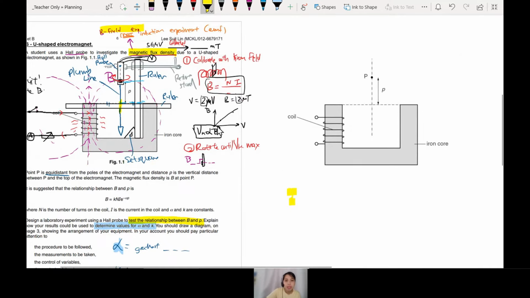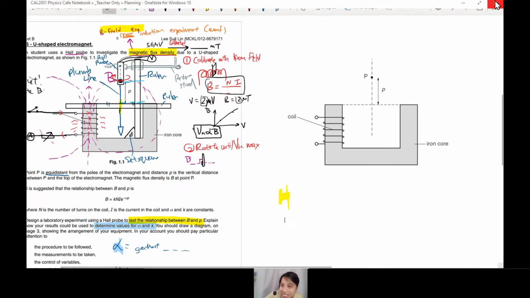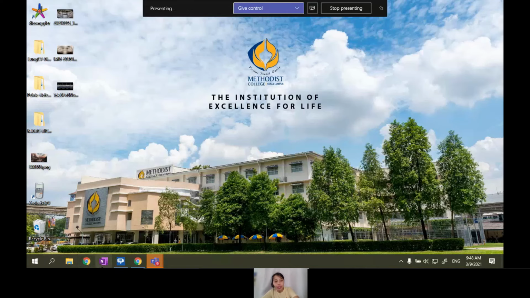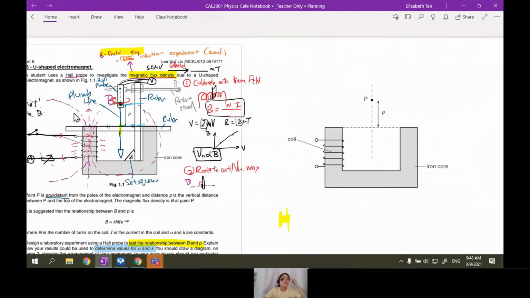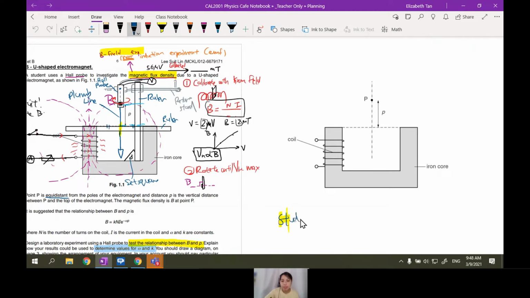So instead of studying B and P, I want to study induced EMF, V, and something else. Frequency, current, anything. It could be a whole bunch of things. How would I turn this into an induction experiment?